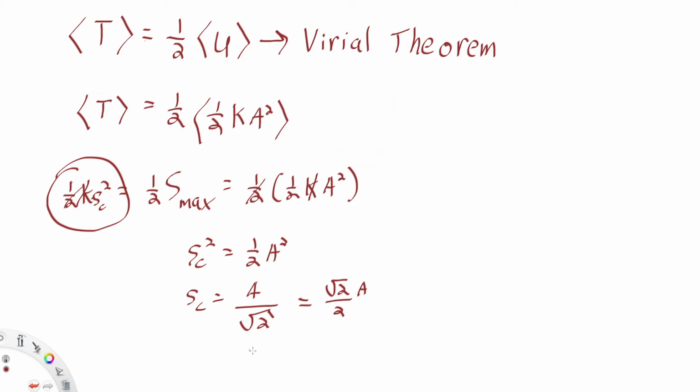And then if we don't like radicals in the denominator, we can get rid of it by saying 1 over radical 2 is the same as rad 2 over 2. Okay, so you actually have half the kinetic energy or half the potential energy when you are significantly further out than halfway.